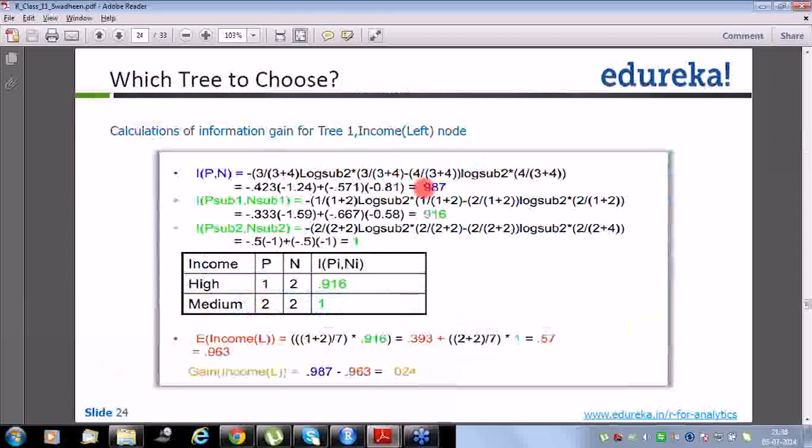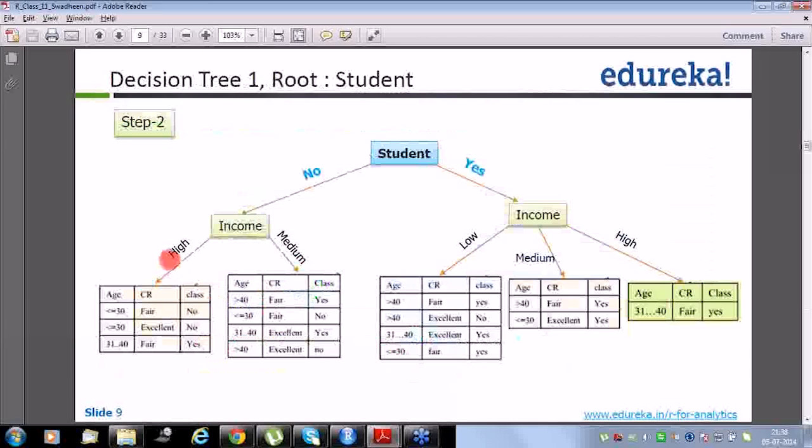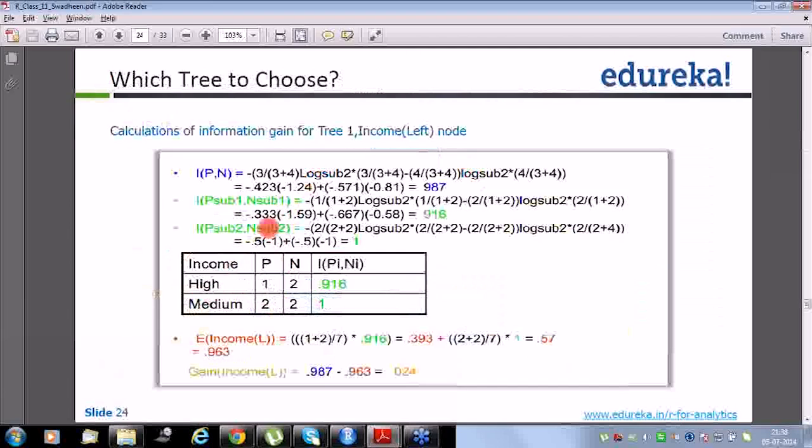In this way. And income has 2 categories, high and medium, in this case only, right? So for high we have 2 no and 1 yes. So look at that: 1 upon 1 plus 2 log base 2, 1 upon 1 plus 2, minus 2 upon 1 plus 2 log base 2, 2 divided by 1 plus 2.